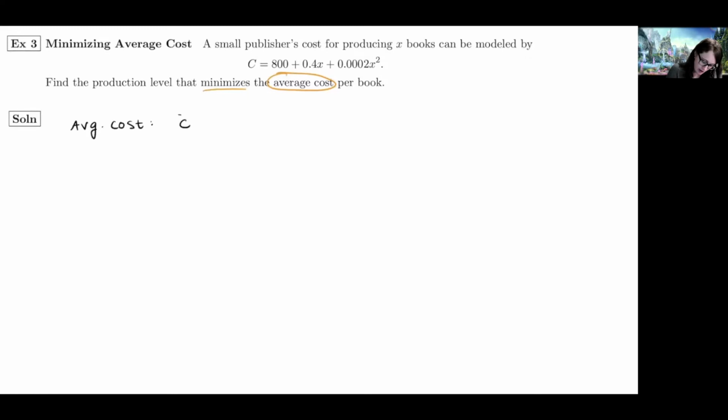C bar is the total cost divided by x. So to find the average cost function, you're just going to take the entire cost equation and put it over x, or divide the whole thing by x.